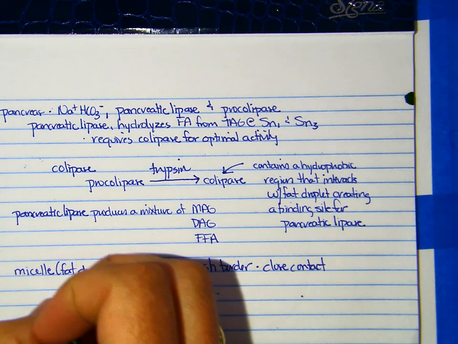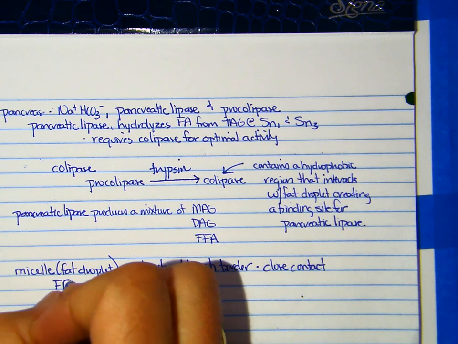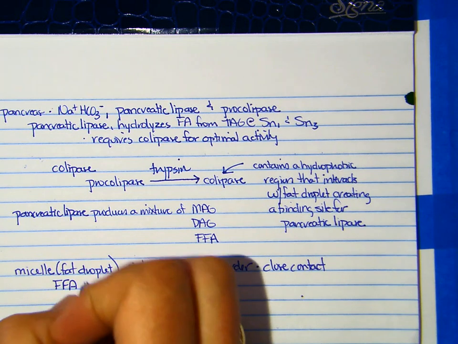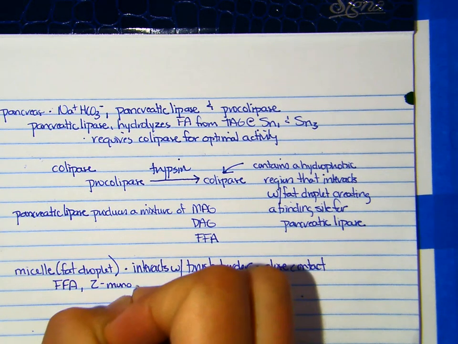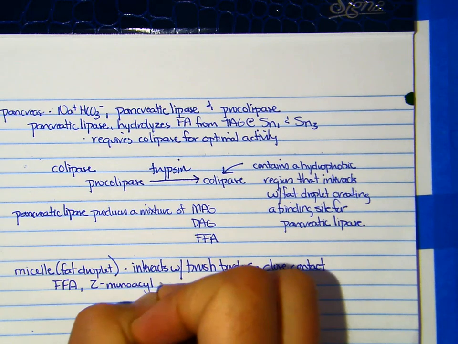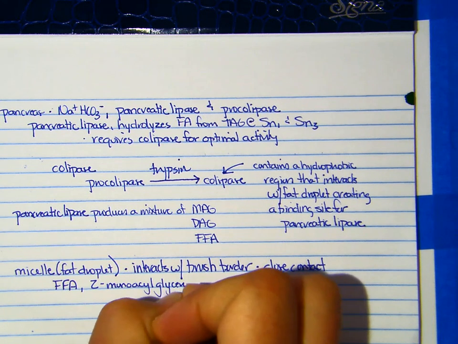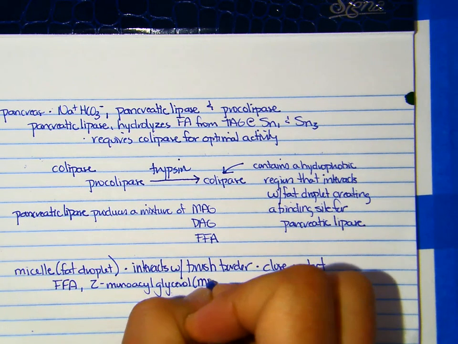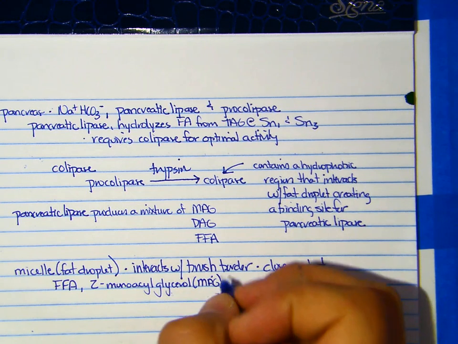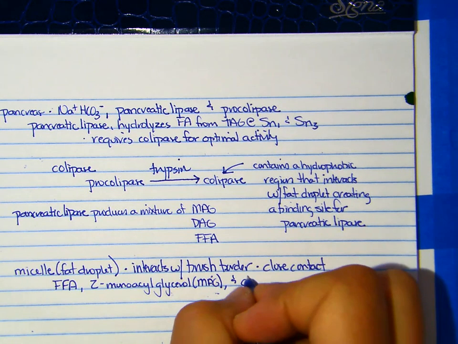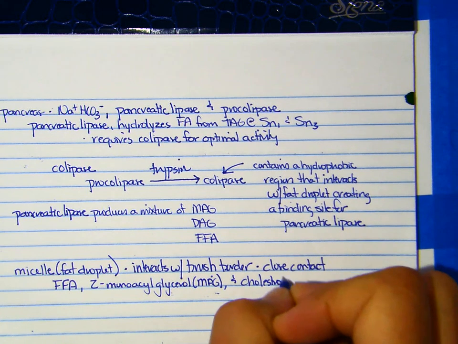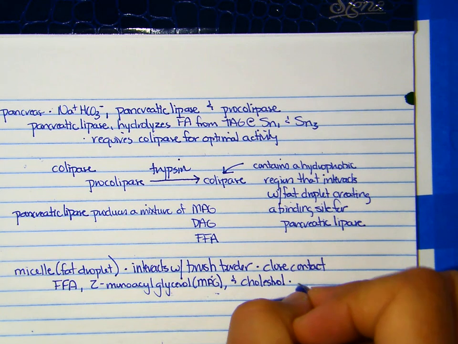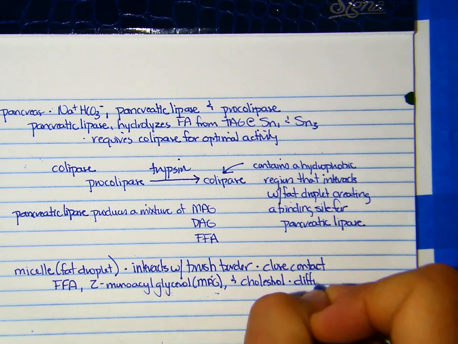And so when that happens, your free fatty acids and your 2-monoacylglycerol, or your MAG, and your cholesterol, if you consume cholesterol, diffuse. So this is nice, right? We don't have a transporter.